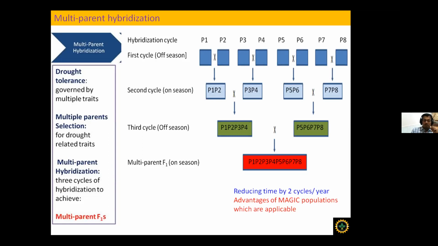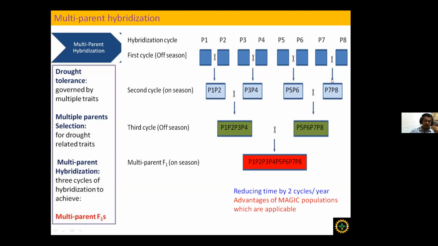The drought-tolerant genotypes are crossed with well-adapted cultivars, and as you can see, P1, P2, P3, P4, and likewise we take eight genotypes, and there are 3 cycles of hybridization. To reduce this time, we can take advantage of the polyhouse controlled facility, where we can start with off-season polyhouse crossing and go for another cycle in on-season, and again off-season, and again on-season. So in 2 years' time, you will have multi-parent F1.